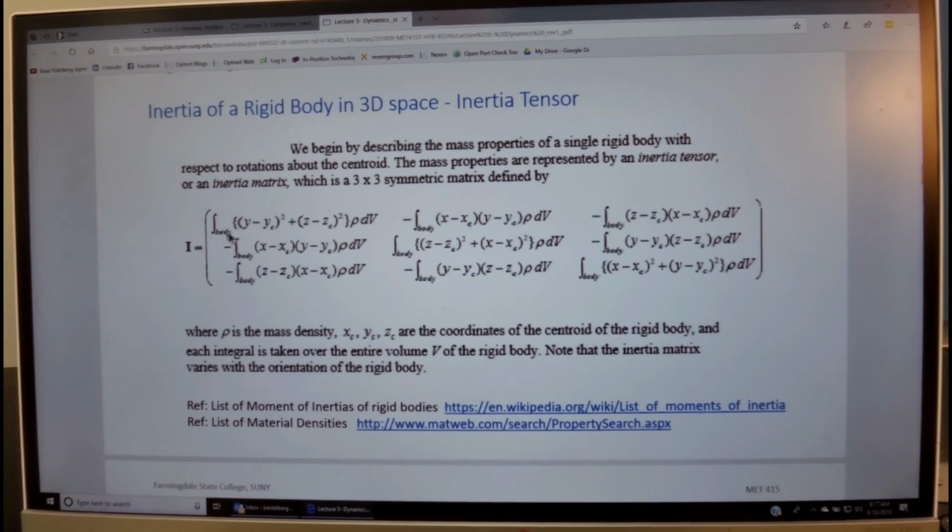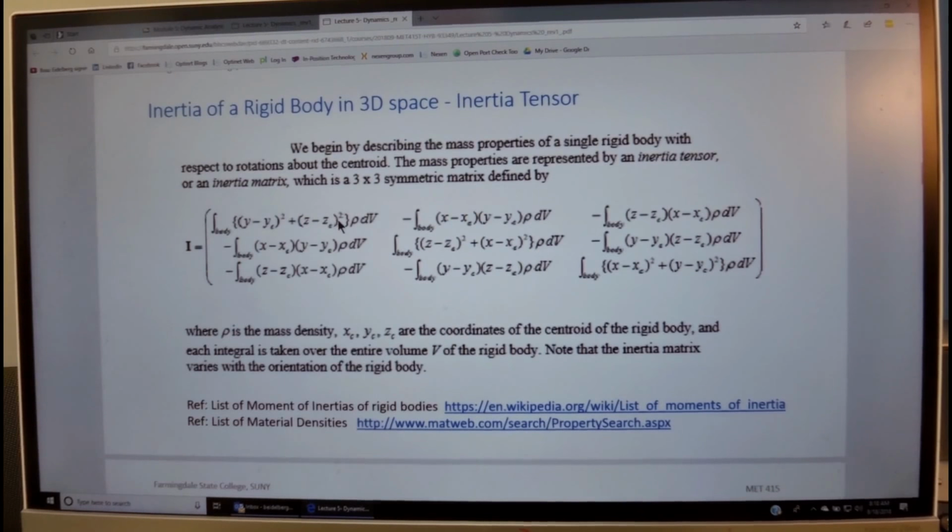Then this term over here says that this element is the integral over the entire rigid body of a small element of mass, which has a volume of dV times the density, so that's the mass. And we take that mass and multiply it by the distance to the x-axis squared. And this summation is like the Pythagorean theorem.